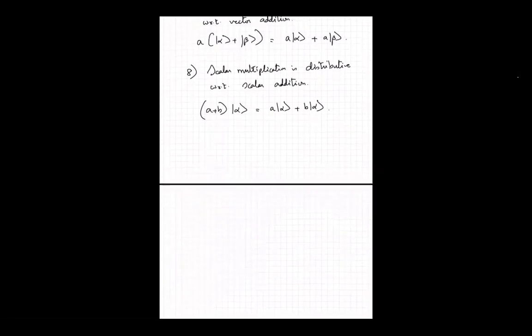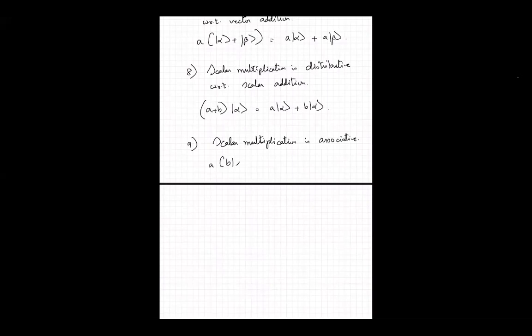Then the ninth rule is scalar multiplication is associative. This is perhaps the simplest one to imagine. A times B alpha is the same as AB times alpha. It looks rather simple, but notice that the way you understand these vectors is different.